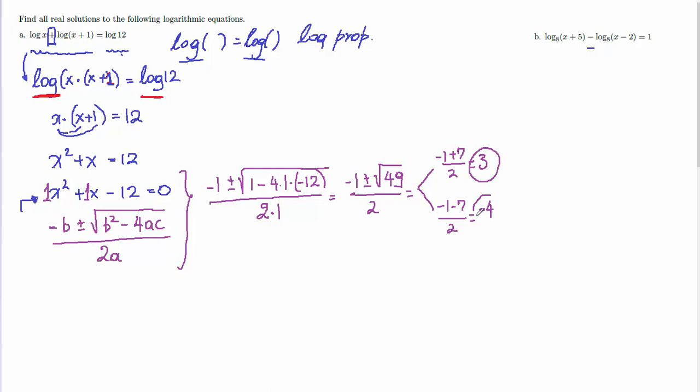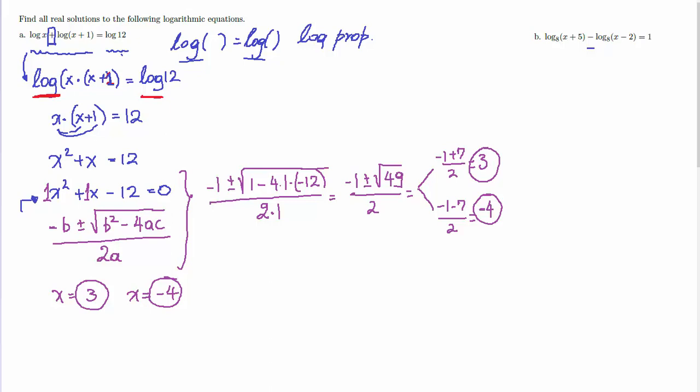These are two possible solutions, and I say possible because I'm not 100% sure yet that these are solutions. What do I need to do with x equals 3 and x equals negative 4? Well, I need to take each one of those and plug them into all the logarithms in my initial equation, and see if any of the x's create logarithms that are not possible.